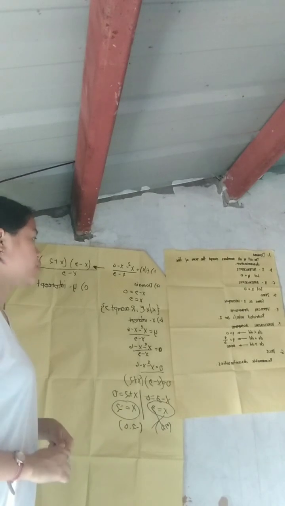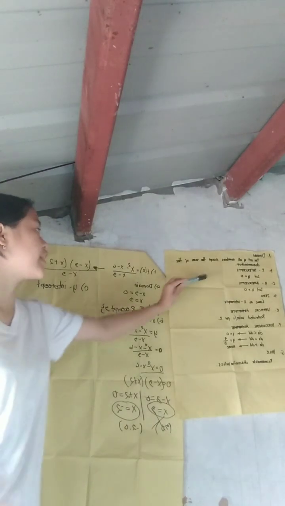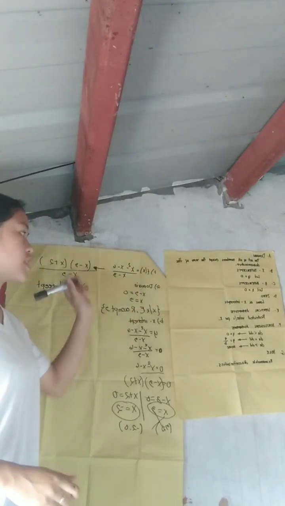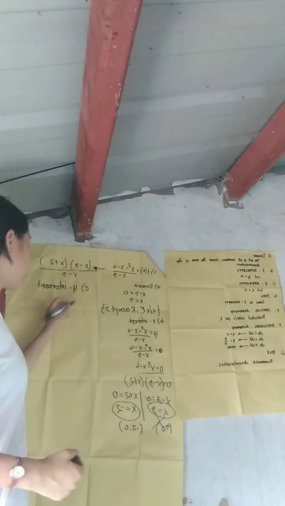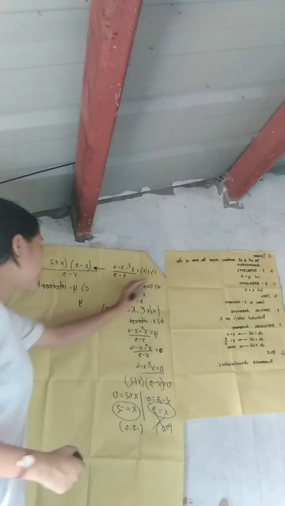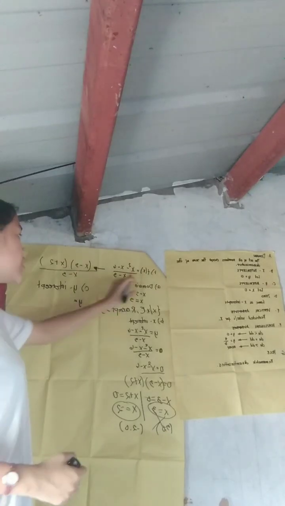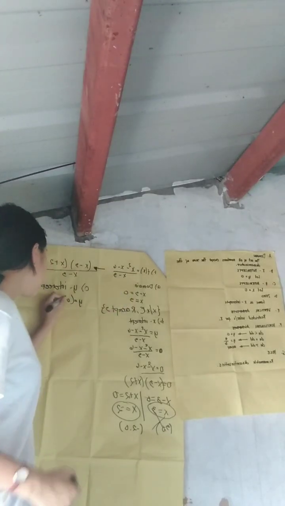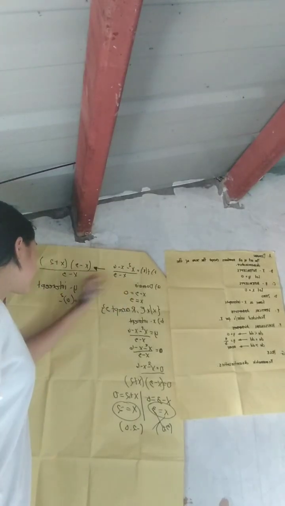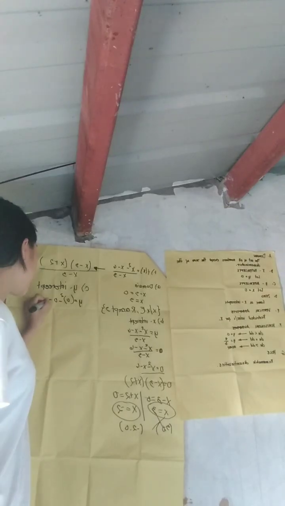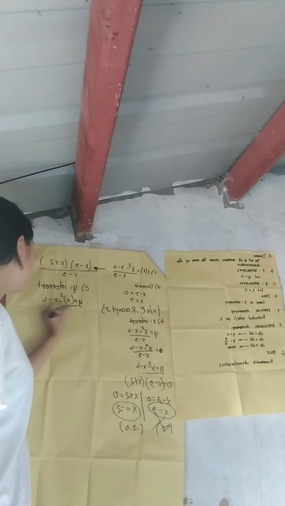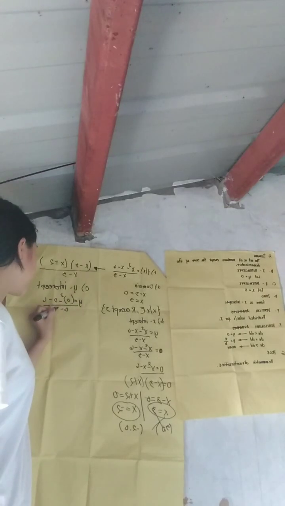Let's proceed to letter C, y-intercept. Let x equal 0. Substitute x with 0: y is equal to 0 squared minus 0 minus 6 all over 0 minus 3.